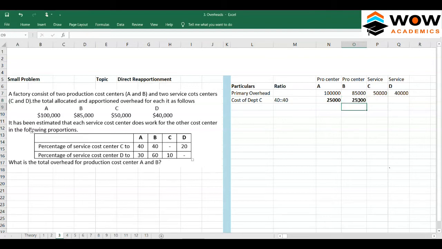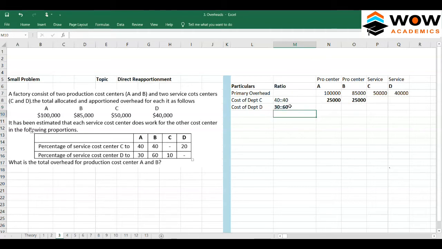Now we have to allocate the department D cost, the D service center. We consider only D to A and B. We do not consider D to C because C is a service center. Again, this is going to be 30 to 60.